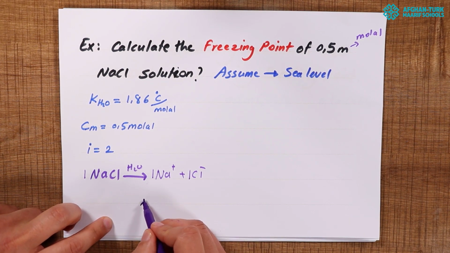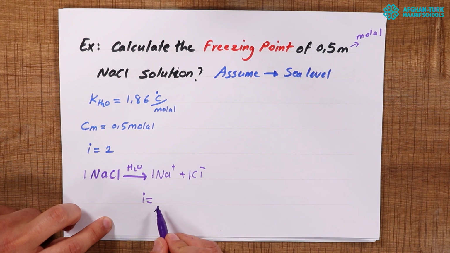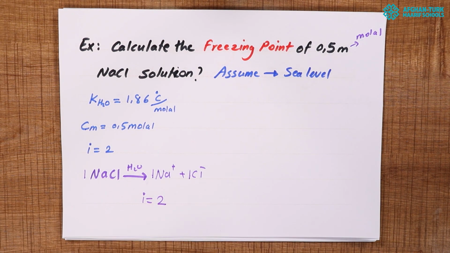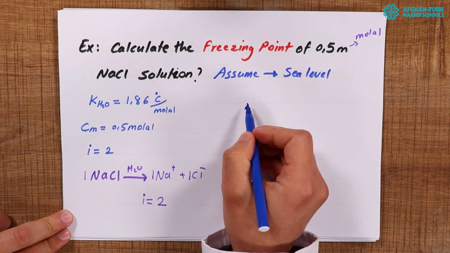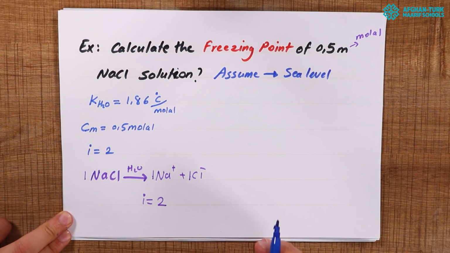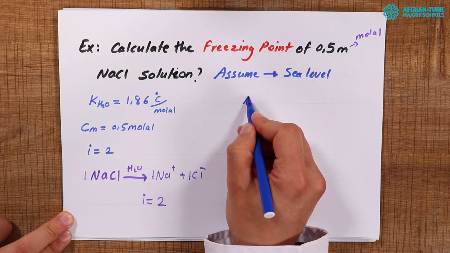It means the value of i is equal to 1 plus 1, which is equal to 2. The value of the van't Hoff factor is 2.